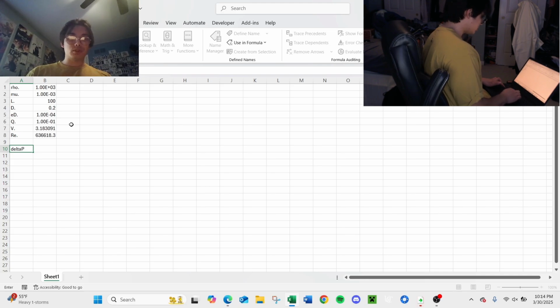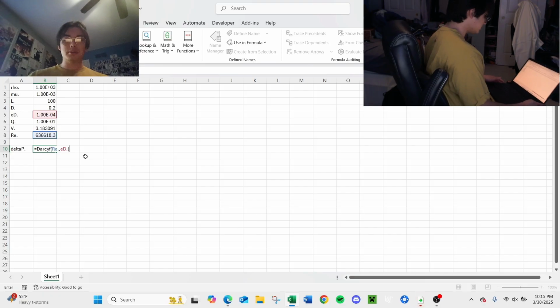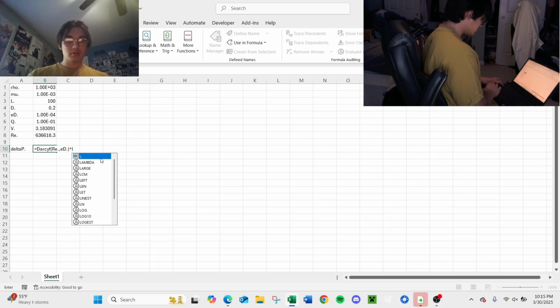So we need to calculate delta P. The way we do that is we use the Darcy function that we created, input the variables, which would be, again, Reynolds number and the roughness factor. We times it by length, right?